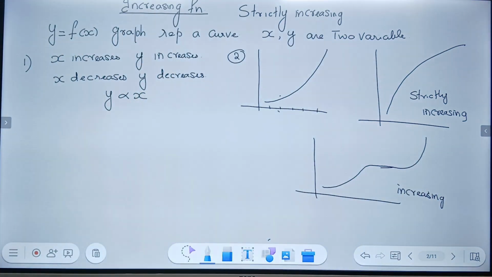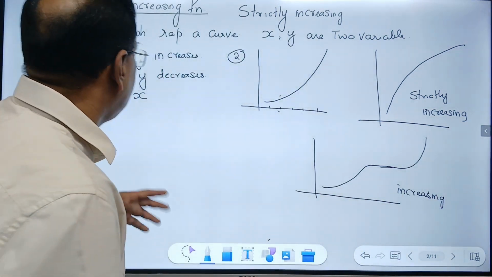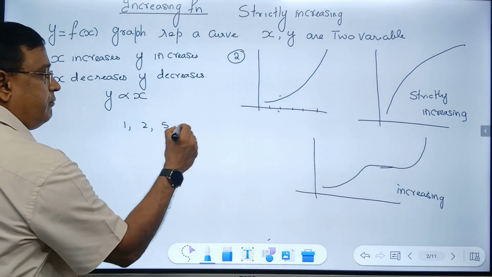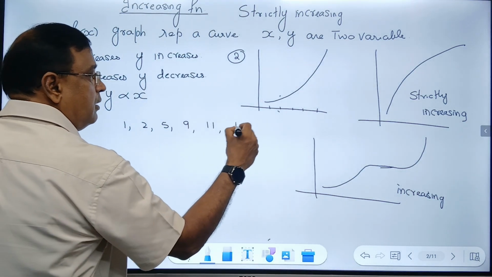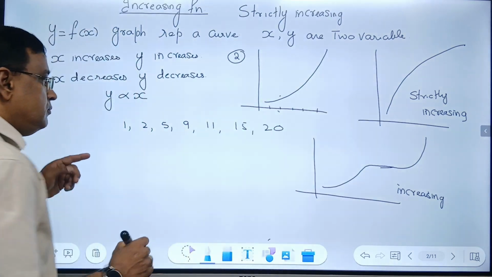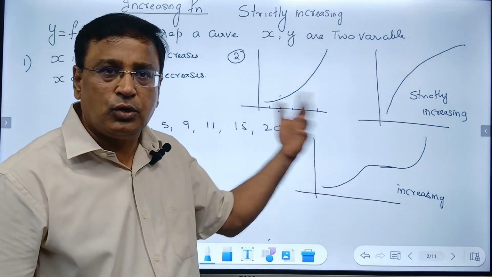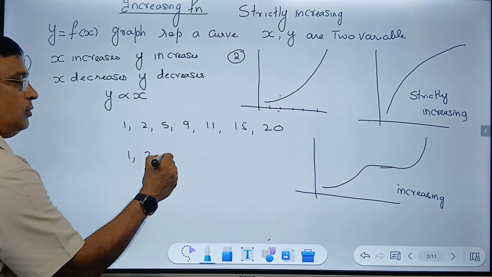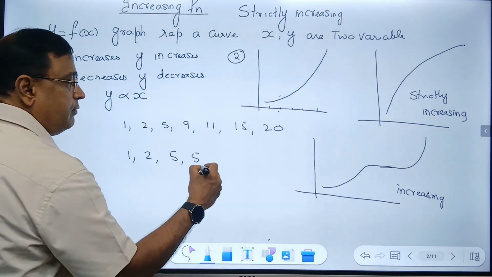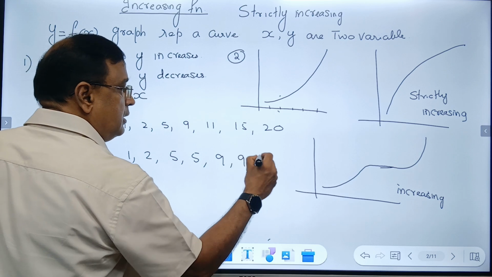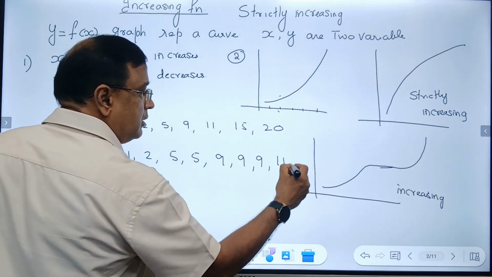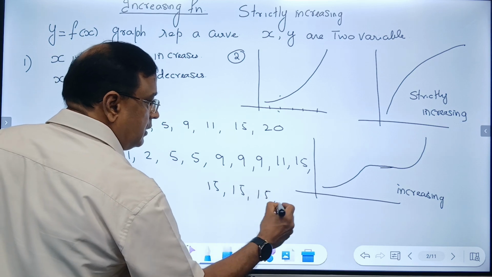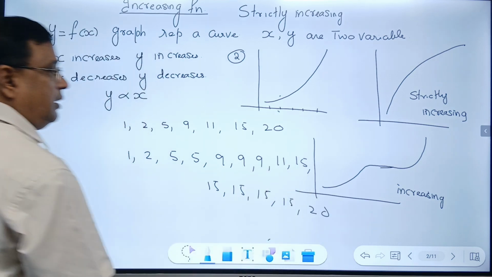For example, look at these numbers: 1, 2, 5, 9, 11, 15, 20. This is strictly increasing. Suppose I have 1, 2, 5, 5, 9, 9, 9, then 11, 15, 15, 15, 15, 15, 20.